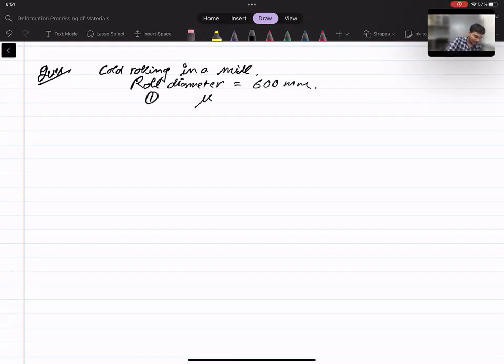There are two cases here. The first case is mu is 0.08, and in the second case mu becomes 0.5. This is a hot rolling condition. Let me simply say rolling in the mill.